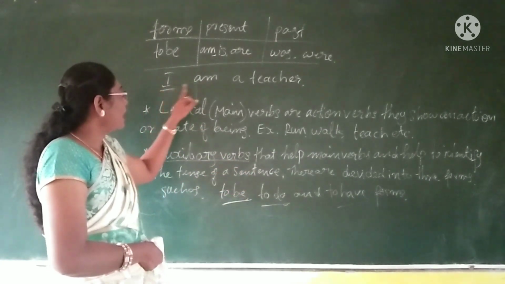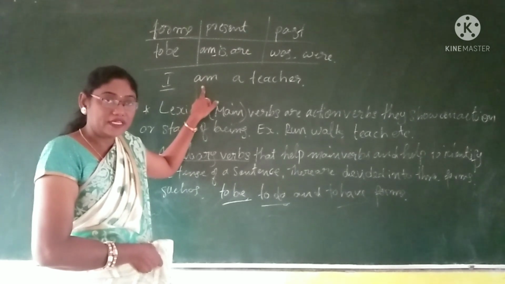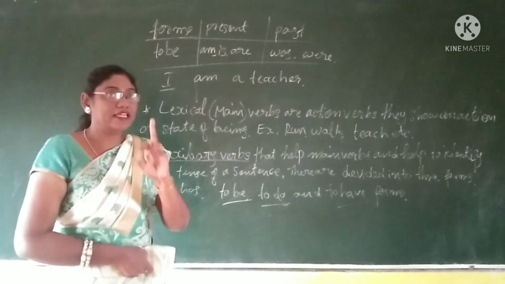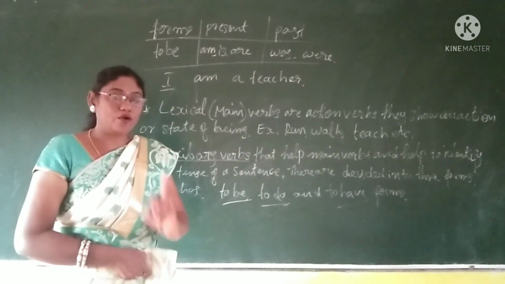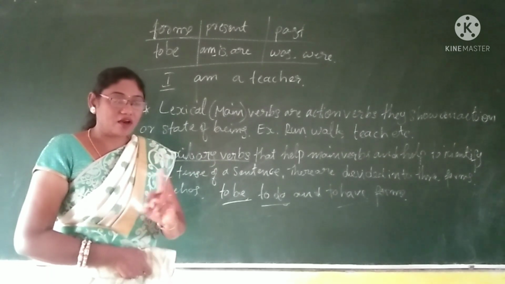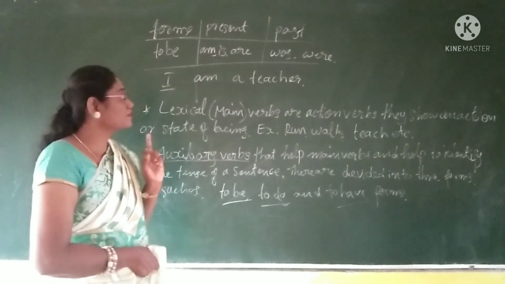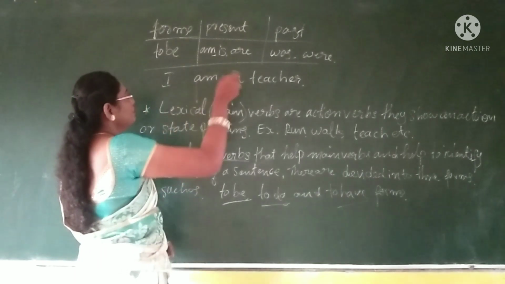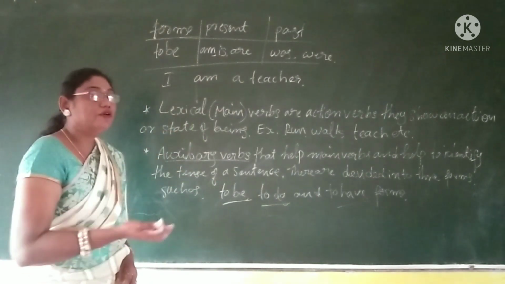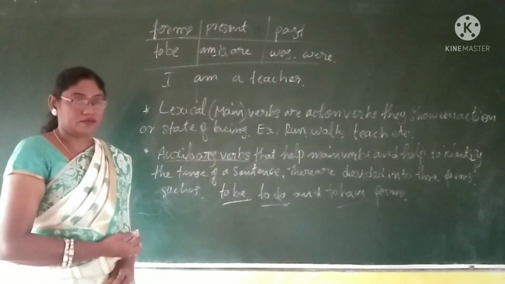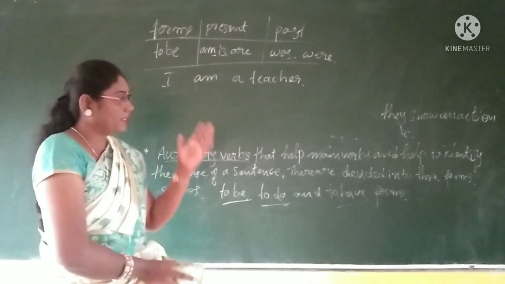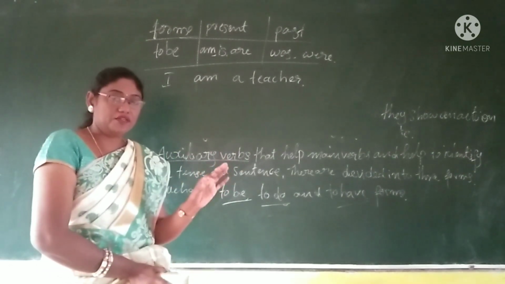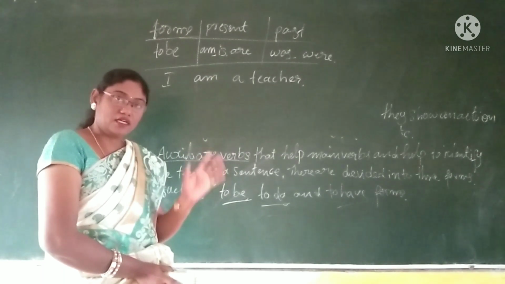See here, am is always used with I and only in present tense, not in past events. So, I am a teacher. Then when do we use is? If you want to note this down, just pause the video, write it down, then continue the video.